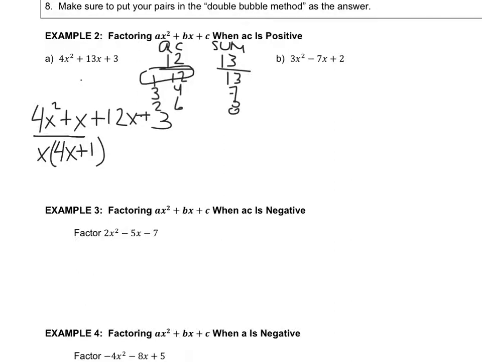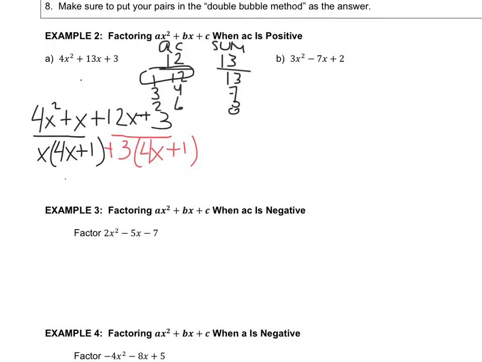Okay, that is just taking out the greatest common factor of the first two terms. So next, if I look at my second two terms, the greatest common factor between 12x and 3 is simply 3. And when I do 12x divided by 3, I get 4x. 3 divided by 3, I get 1.